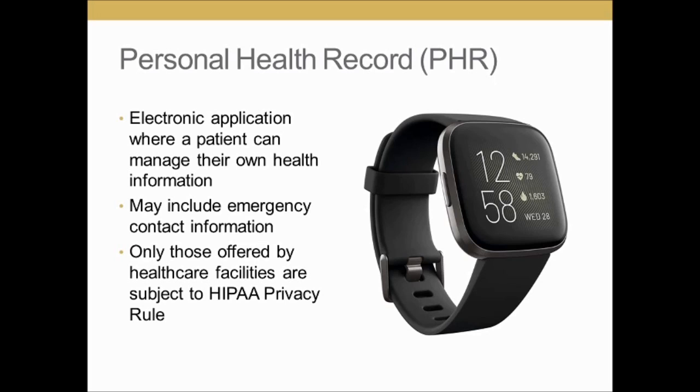So those are really interesting features, and a lot of different technologies are coming out where you can keep track of your own personal health record. If you have an iPhone, there's even that emergency contact spot on your iPhone where first responders can actually access it, and it tells them if you're an organ donor, what your blood type is, if you have any medical conditions, allergies, anything that's really pertinent.